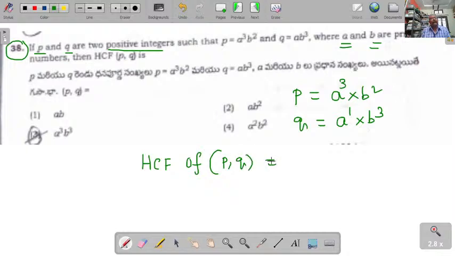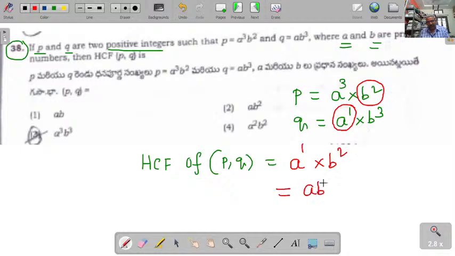So how to find it now? Here common factors a and a, we have a power 1 and a power 3. The least power you need to take is a power 1. Here common factor b cube and b square, the least power is b square. So we can write ab square as our answer.